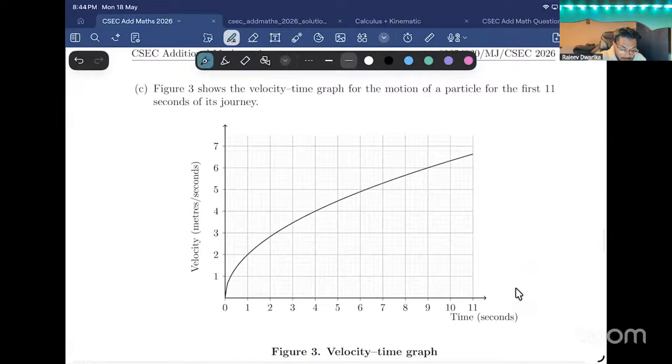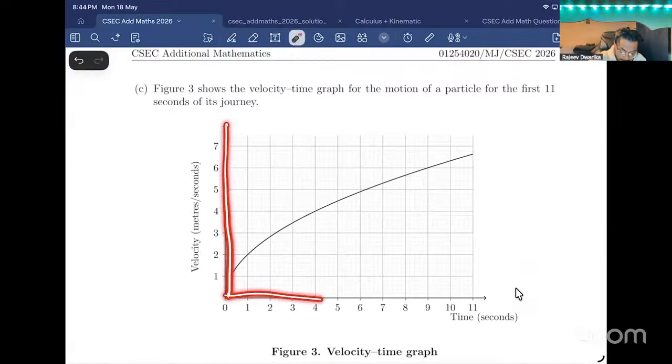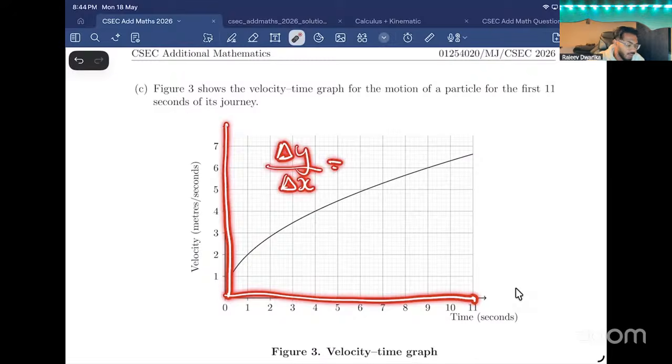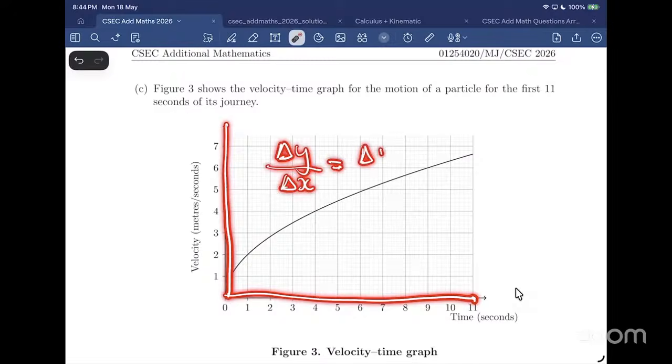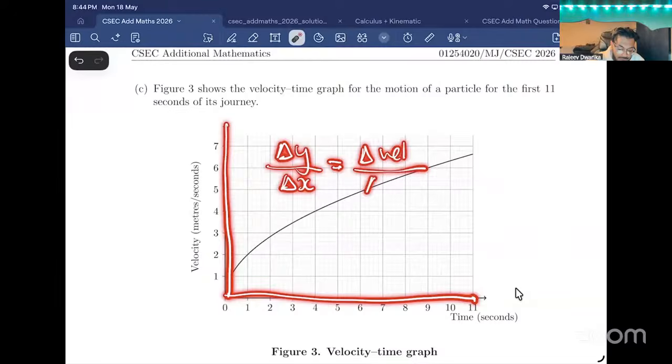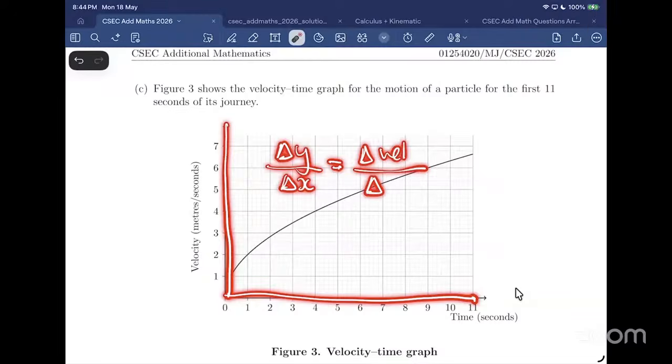Well, you'd realize that you have a velocity-time graph. If I were to find the gradient for a velocity-time graph, remember gradient is change in y over change in x. What's on the y-axis? Velocity. So that would be change in velocity over change in what? What's on the x-axis? Time.